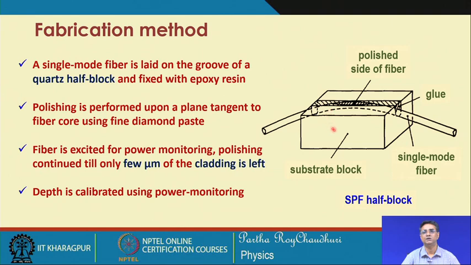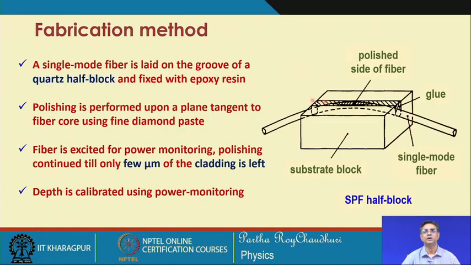While polishing, if you launch some input light and monitor the output power, then knowing the output for this much polishing, we can calibrate how much depth has been polished. So, this is one very beautiful technique to calibrate the depth of polishing by real-time monitoring of power.